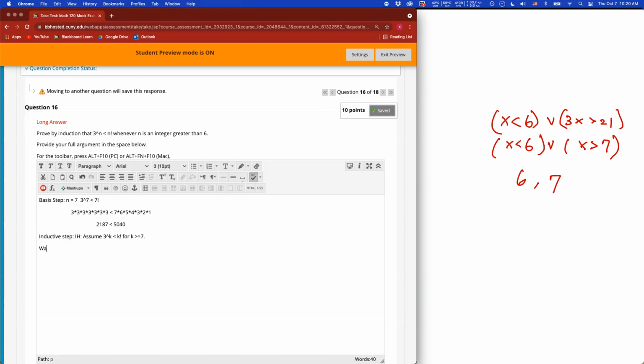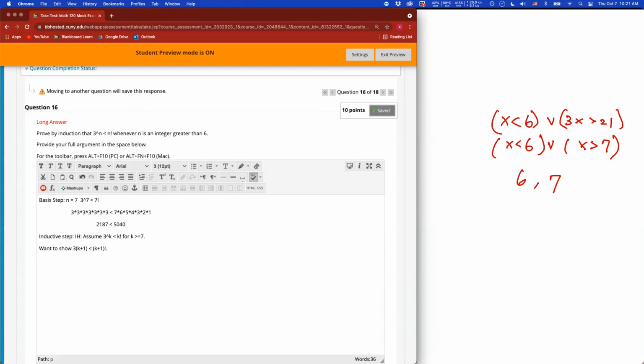And then you want to show that 3 to the k plus 1 is less than k plus 1 factorial. Right, so this is what we want to show.